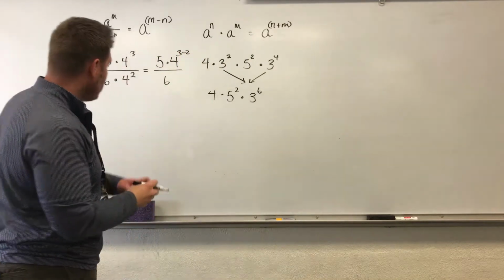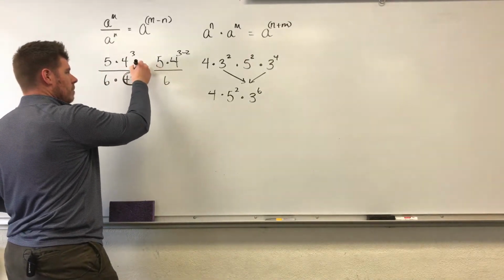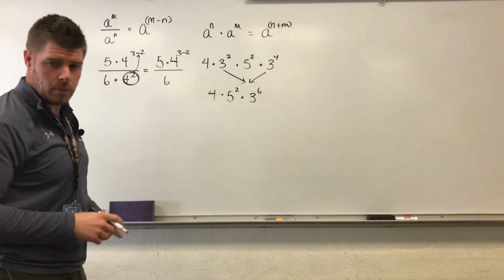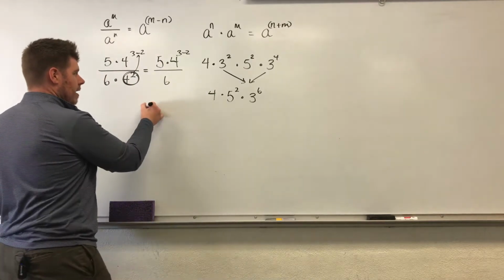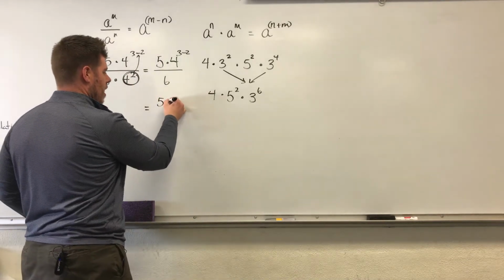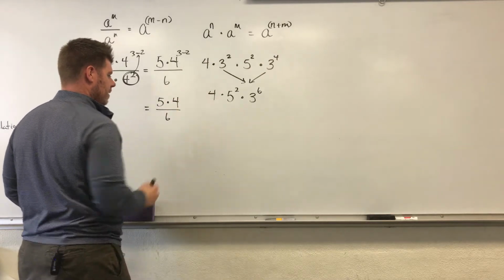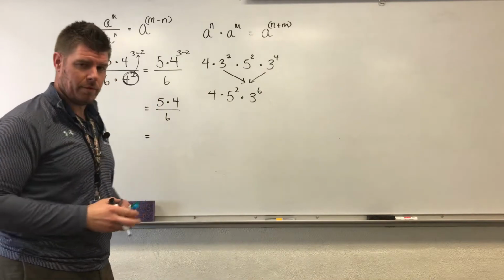Notice the bottom went away because I subtracted its exponent up here. The 4 doesn't come with it; we're just talking about the exponents, since it's the same base. 3 minus 2 is 1, so that's 5 times 4 divided by 6. Then I can do my multiplications and simplify from there.